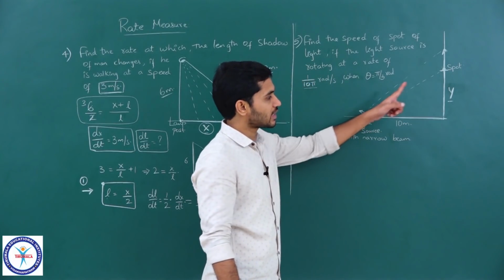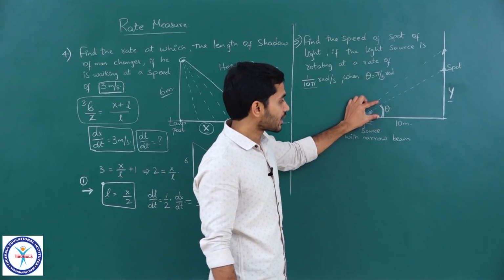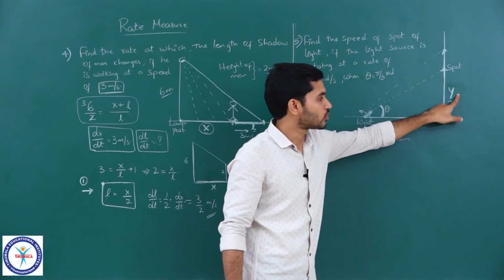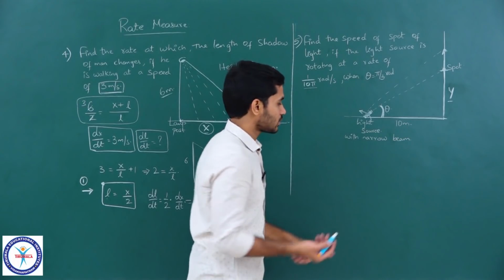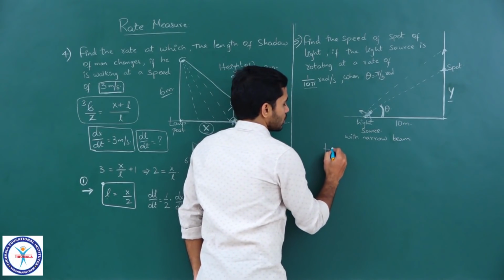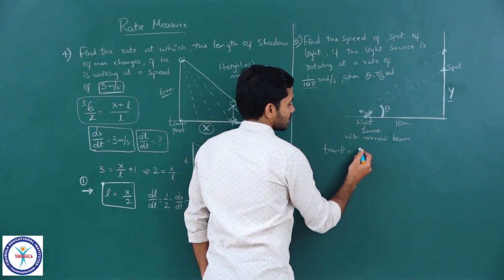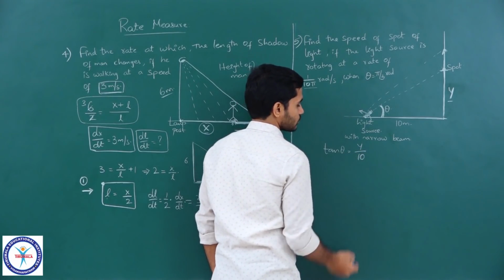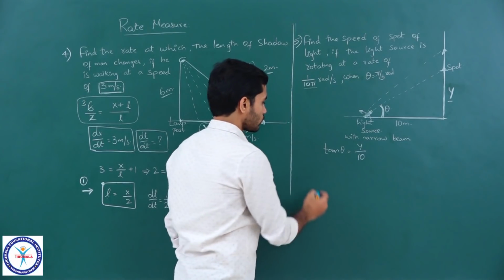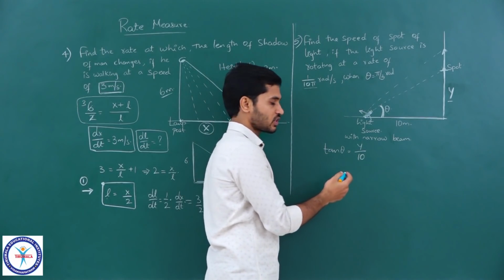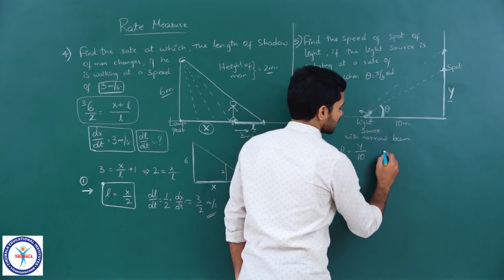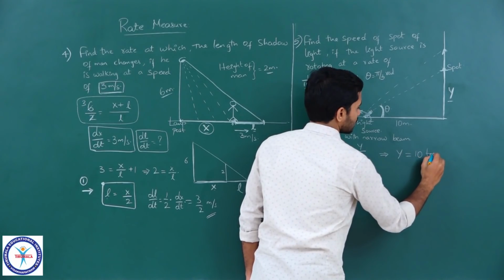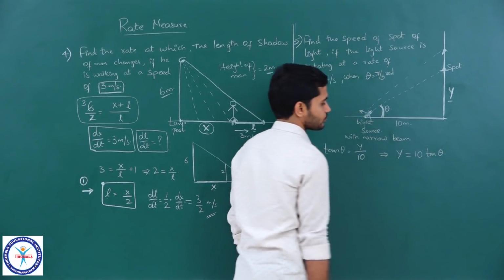You can see that there is a right angle triangle formed, and I can use tan theta, right. Tan theta is opposite by adjacent. So, tan theta is equal to opposite, which is y, divided by 10. Clear, students? Now once I got the relation, I can differentiate it. Let me first rearrange the terms. I have y is equal to 10 tan theta.